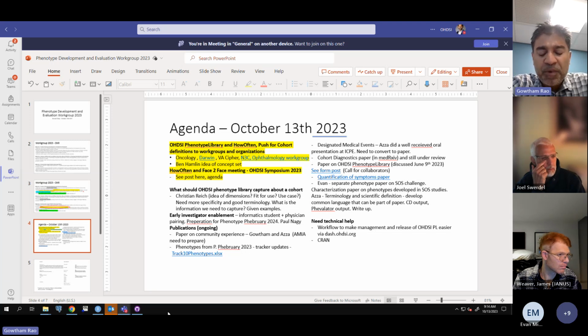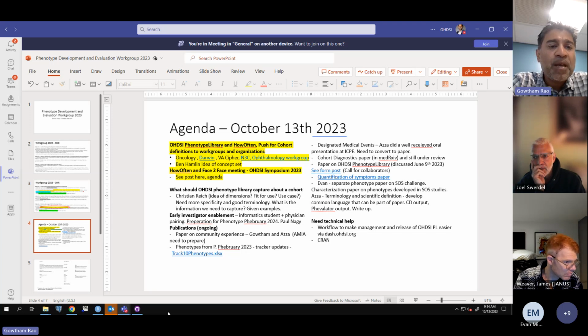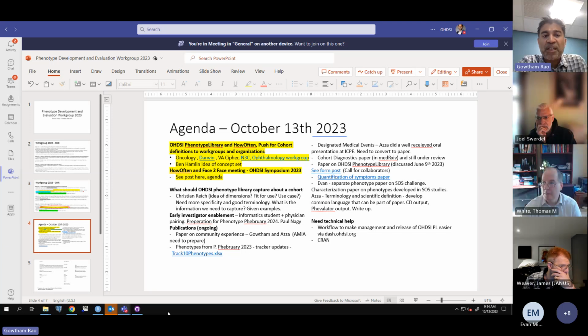At the minimum, could we expose the codelists, the concept sets, that are in the various cohort definitions in the library and make them accessible to individual users? At least let's start that way. There are 500 cohort definitions in the OHDSI Phenotype Library, so why not expose them and make them available? I've enhanced the code of the OHDSI Phenotype Library, and it is now available.